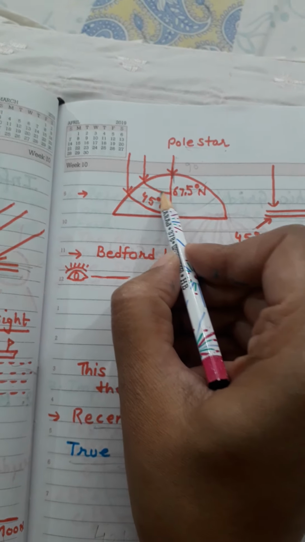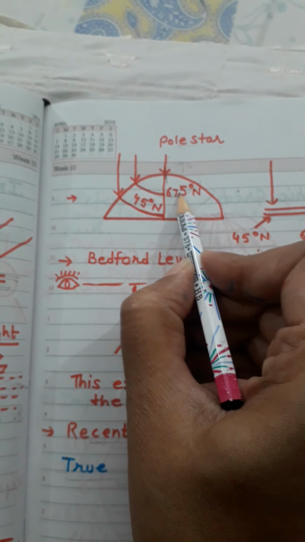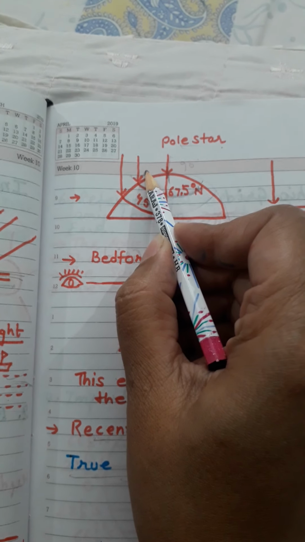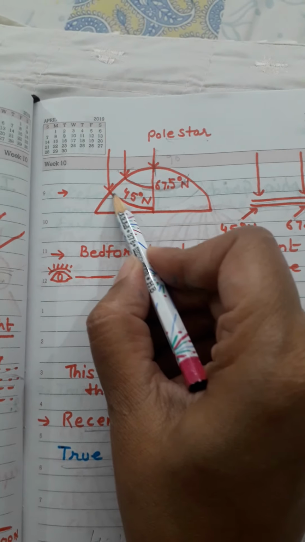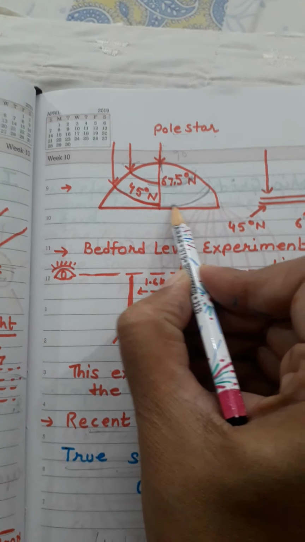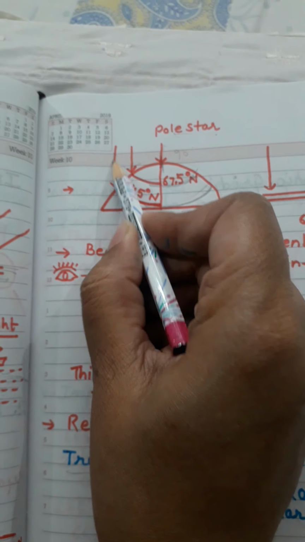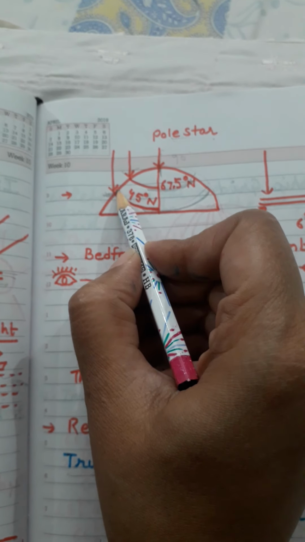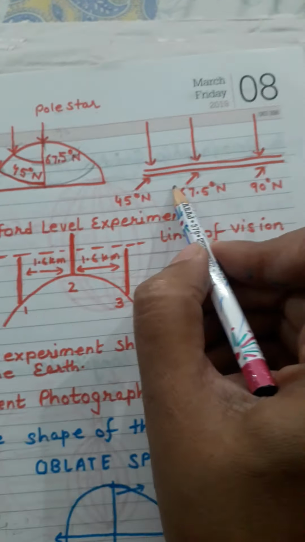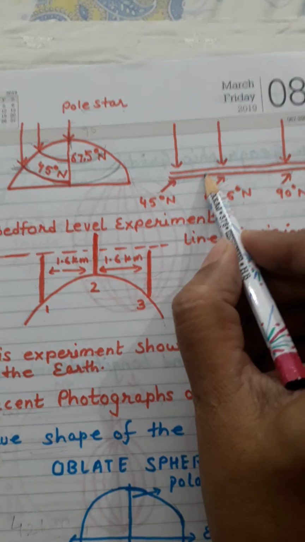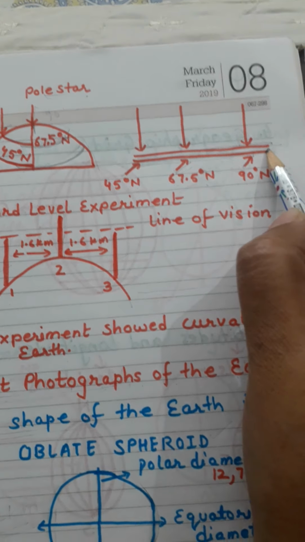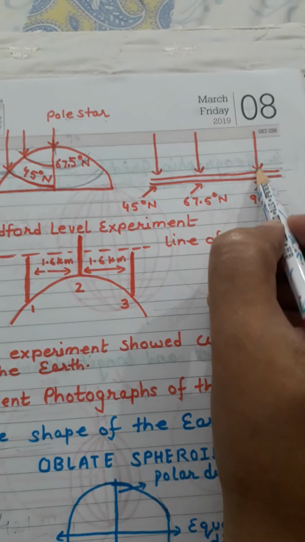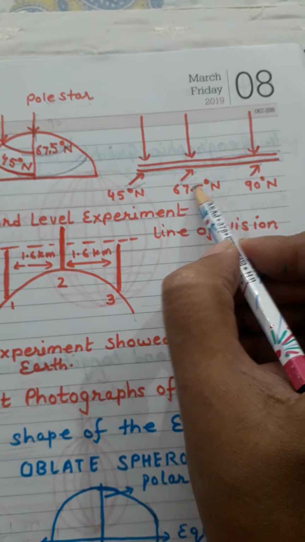If we come to the next latitude, 67.5 degrees north, the angle of the pole star will change. If we come to the next latitude and observe the pole star from this side, the angle will change. But if the earth was flat, the pole star would have the same height from all latitudes.